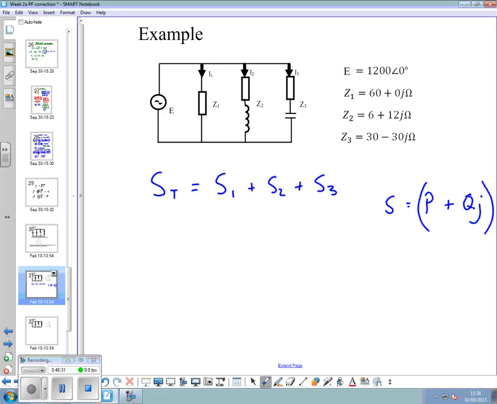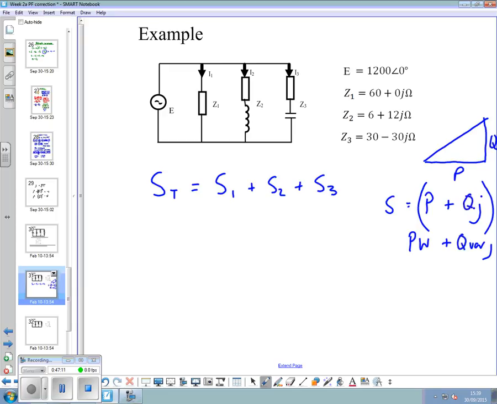It's complex form, where that's the power P plus Q, and it's in complex form. That figure would be how many watts it is: P watts plus Q vars, times J. Right, Danny?